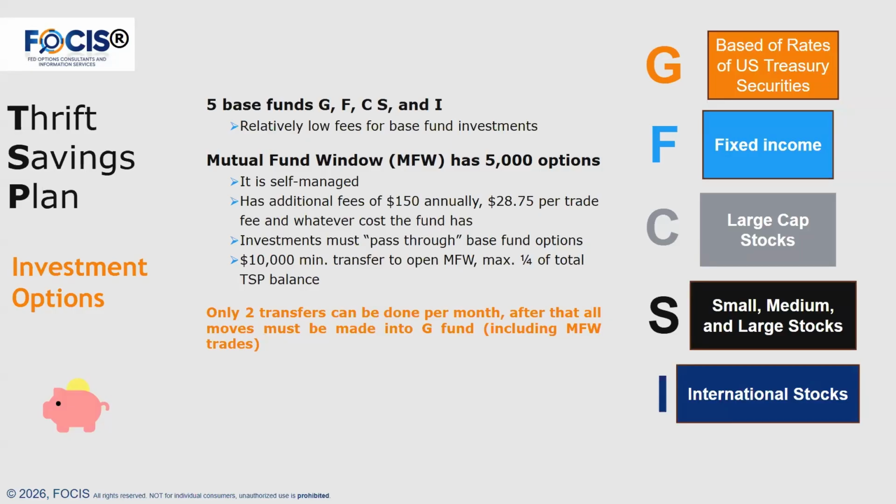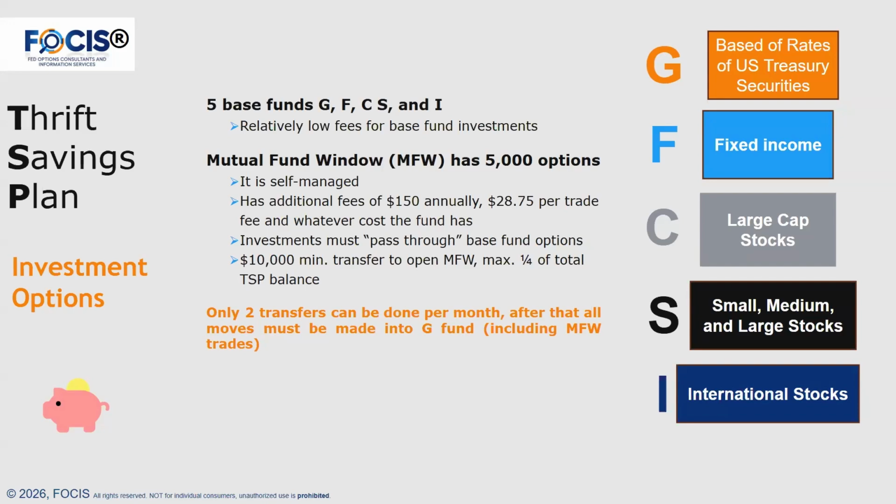So also, with the investment options, it's passed through all the rest of these five core funds to get to the mutual fund window. And so when somebody invests in their TSP, then 100% of their allocations are going to go to one of these five funds, or, if they have one, an L fund.